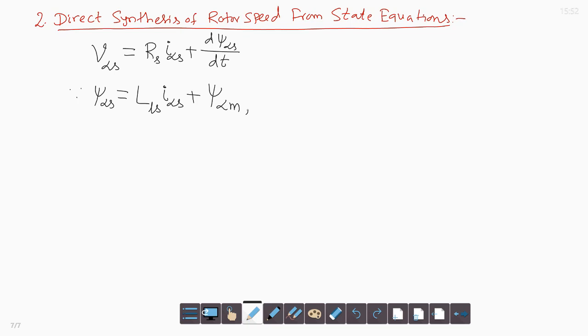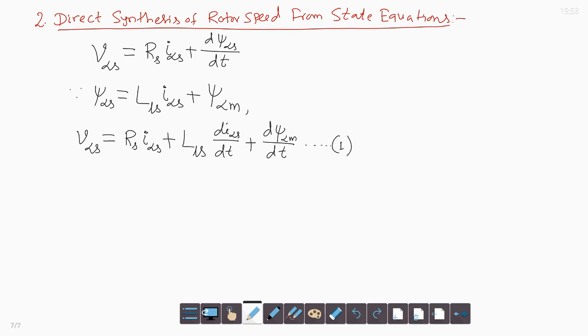So, using this, V alpha s is Rs into I alpha s plus stator leakage inductance into d I alpha s by dt plus d psi alpha m by dt. And let us number this equation 1.